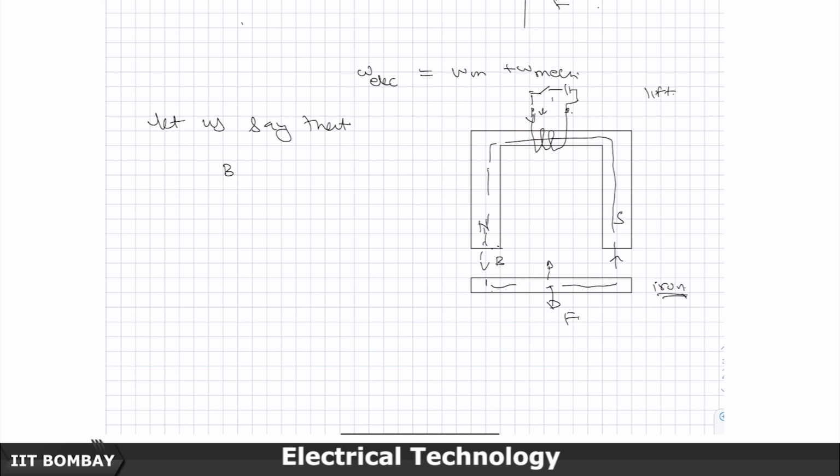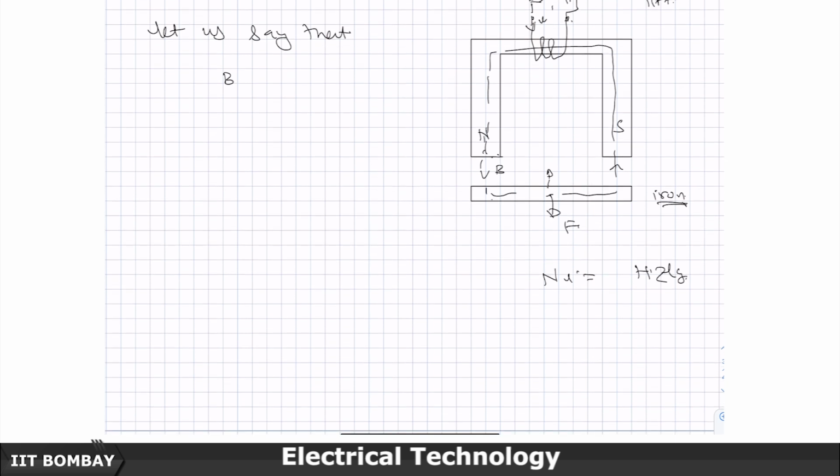So, how will you calculate B? If the air gap is Lg, then 2 Lg, 1 Lg here, 1 Lg here, H is the ampere turns that are going to be created in it.